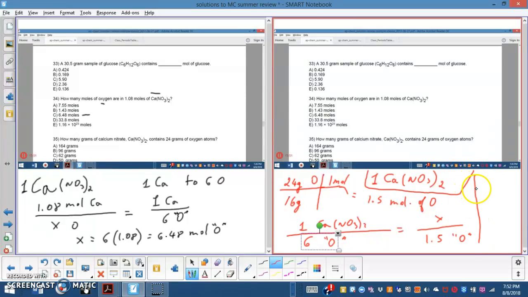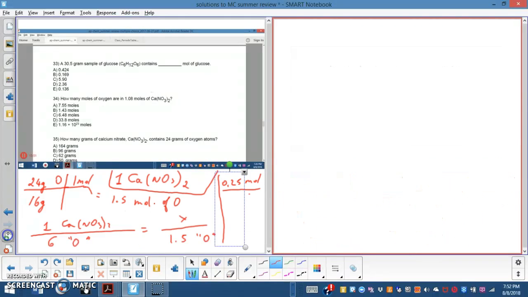So 0.25 are the moles of calcium nitrate. They want to know how many grams, so your job is to convert this into grams. Let me change page.